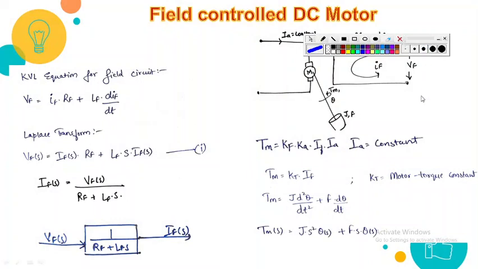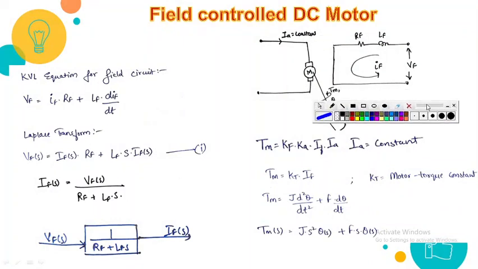Now, in the previous example we saw that we related the torque equation. We varied the torque value by varying the armature current. But what if I want to keep the armature current constant and change the field current, the field flux?